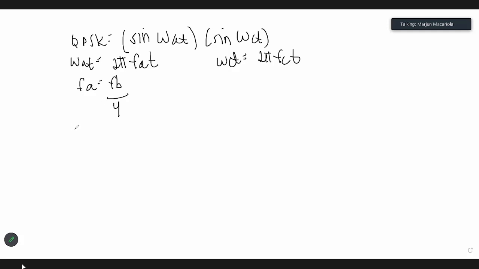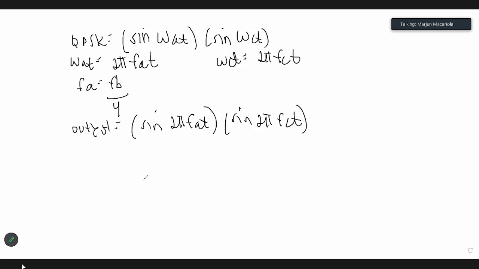So, ang magiging output niya will be equal to sine 2 pi FA t multiplied by sine 2 pi FC t. Again, I already told you the trigonometric identity for product of sine of two different angles. Okay?